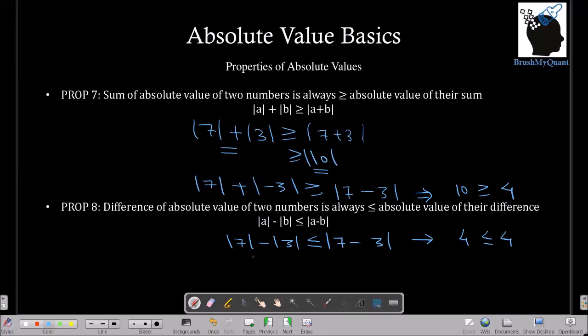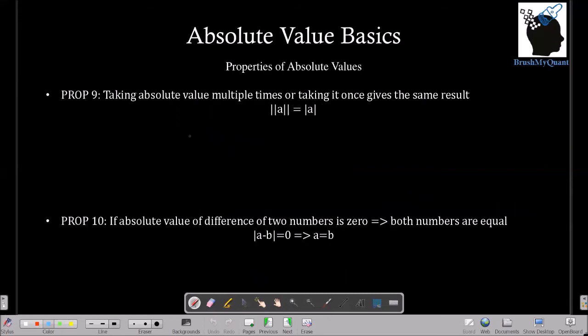Let's take some numbers with opposite signs. |7| - |-3| is less than or equal to |7 - (-3)|. In this case, the left-hand side again is 4, but the right-hand side is 10. So remember, |a| - |b| will always be less than or equal to |a - b|.